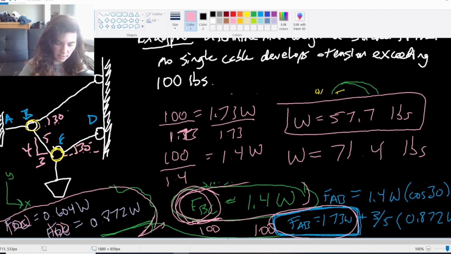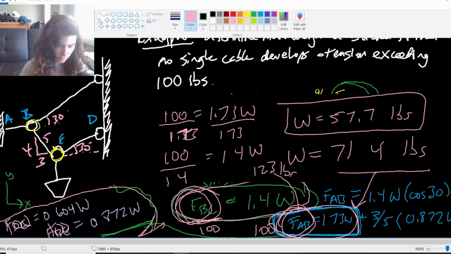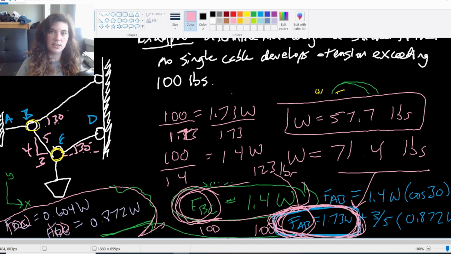But if I plugged this weight back into this equation, 71.4 times 1.73, that would give me a tension in this cable of 123 pounds, which means I'm exceeding that 100-pound limit. So that's why we want to pick the greatest ratio here, which is this F_AB, and it spits out the smallest amount of weight that works for all of these cables.